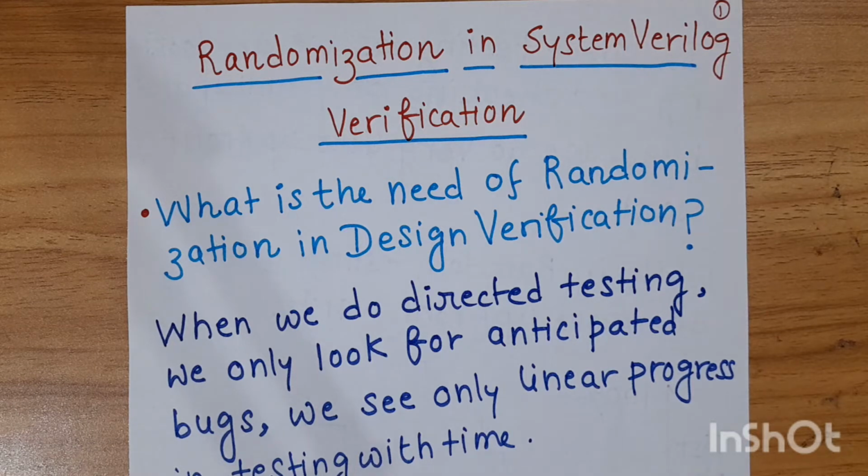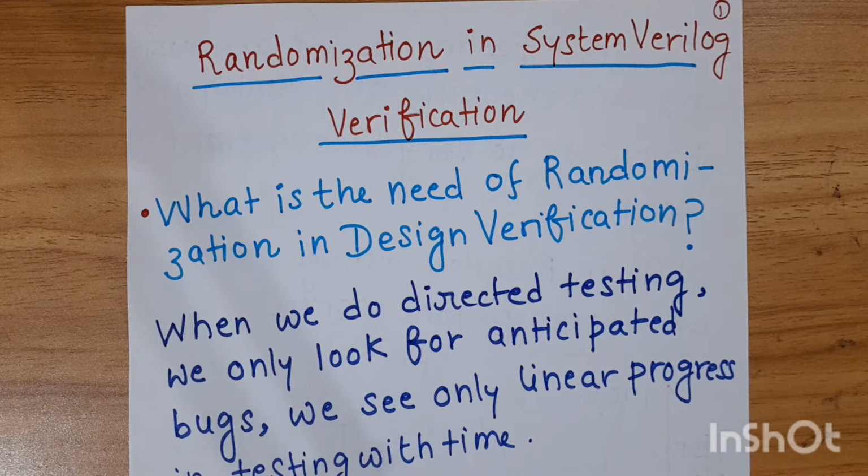And we write the test cases for the circuit based on our assumption that yes, these are the bugs which are present in the code. But if the complexity of the Verilog code or the design circuit is very high, a very big circuit, then it is out of reach of our anticipation to know what the various bugs present in our code are.